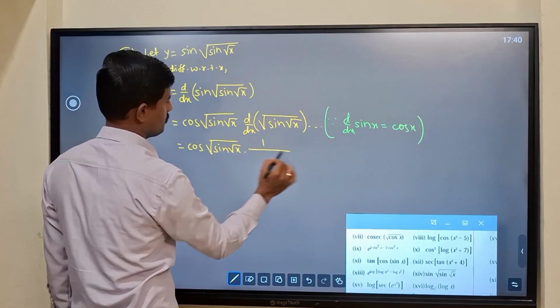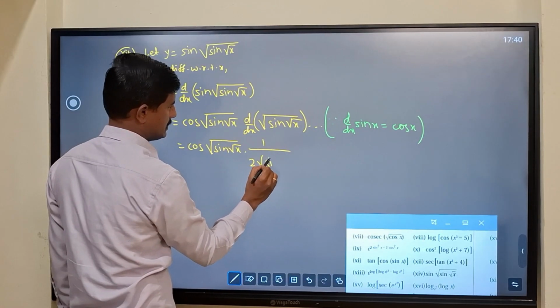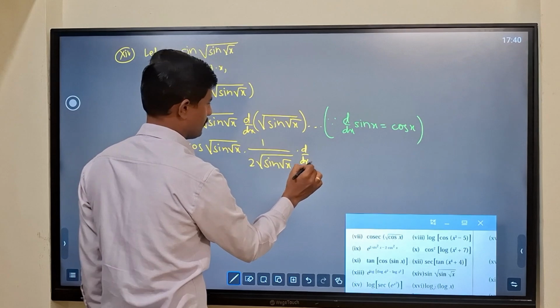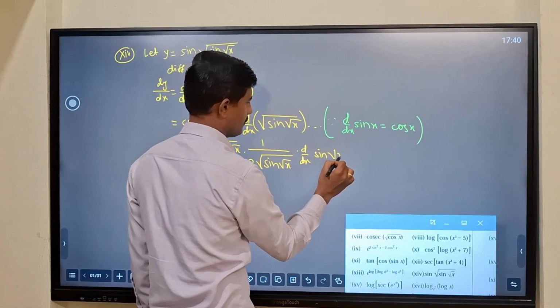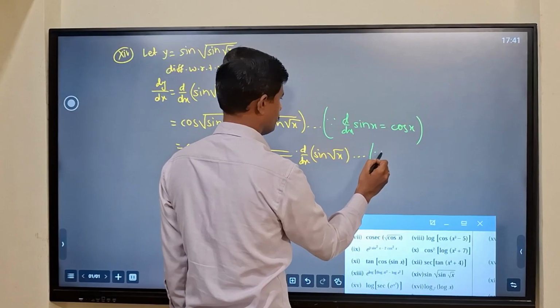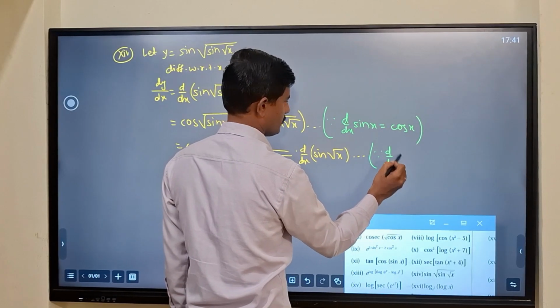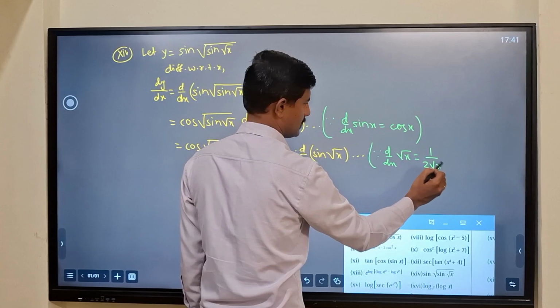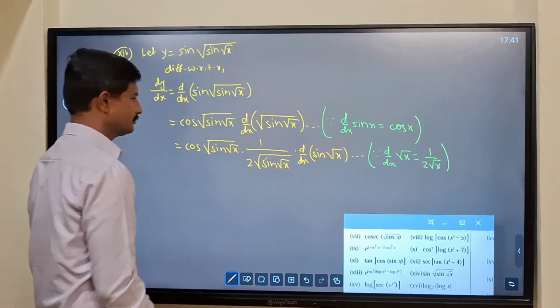Now next, cos of root of sine of root x. Differentiation of root x is 1 upon 2 root of sine of root x, d dx of sine of root x. This will become d dx of, okay, here we use formula of root x, that is 1 upon 2 root x.